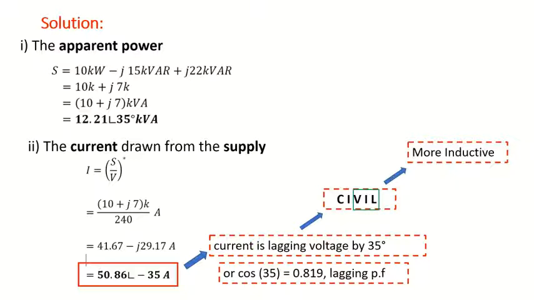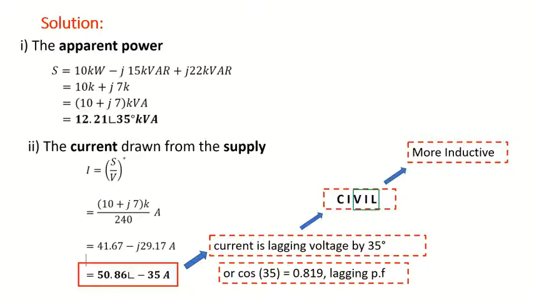So with the 0.81 lagging power factor, the current lags the voltage, which means it is more of an inductive load here. I hope that you can understand.